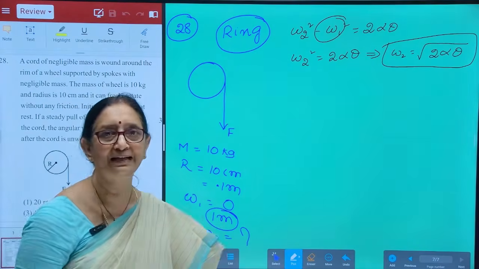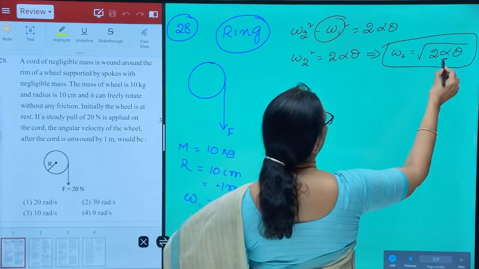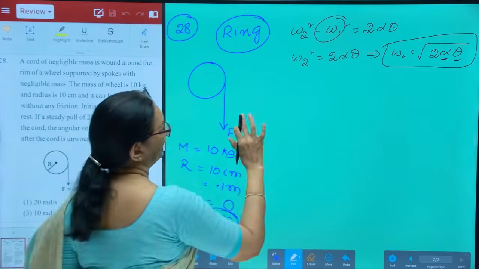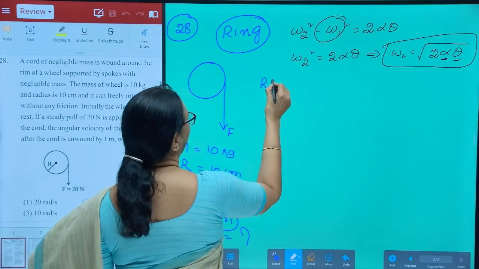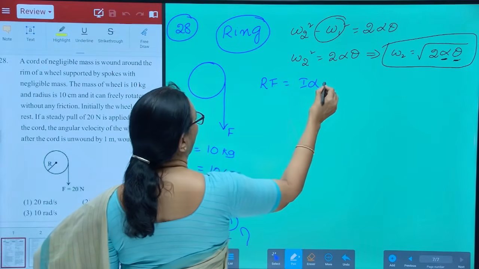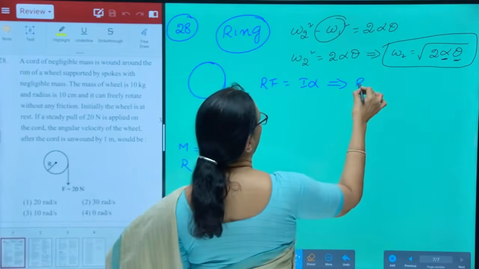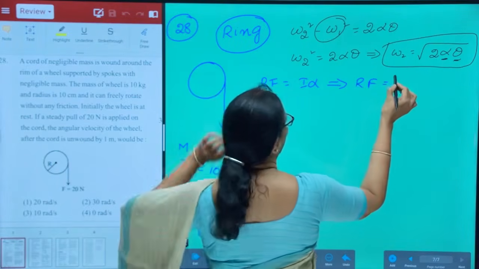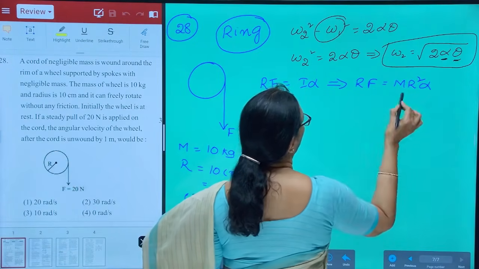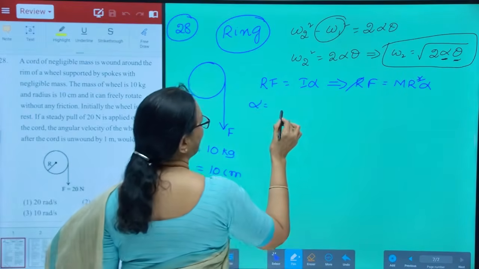What is the final angular velocity? To find it, we need to find α and also θ. Look here. The torque RF is equal to Iα. In this particular case, RF equals, as that is a ring, the moment of inertia is MR² times α. From that, α is equal to F by MR, as R gets cancelled.